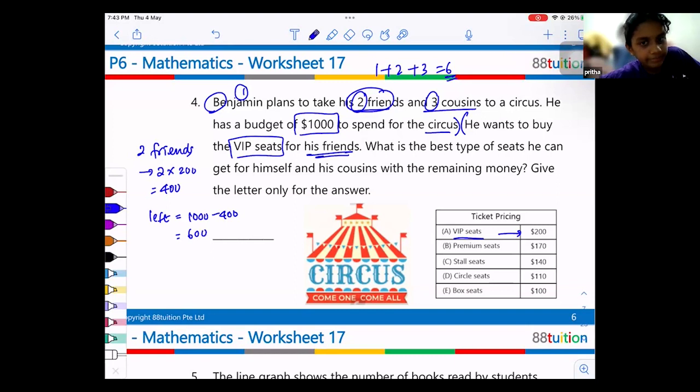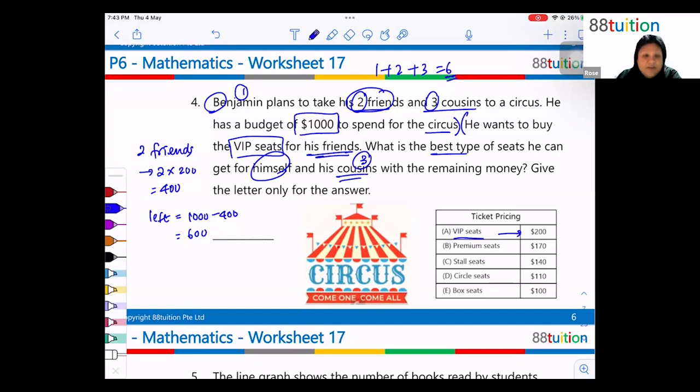So what is the best type of seats he can get for himself and his cousins? How many cousins does he have? 3. In total, you want to get 4 tickets with the remaining money, which is $600. Tong-yi, you got tricked too.